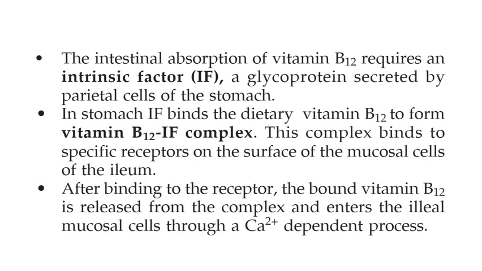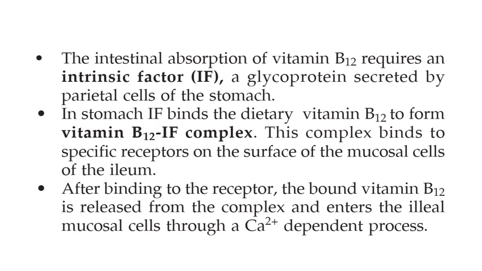This intrinsic factor binds with the dietary vitamin B12 and forms a vitamin B12 and intrinsic factor complex, which binds to a specific receptor on the surface of the mucosal cells of the ileum.